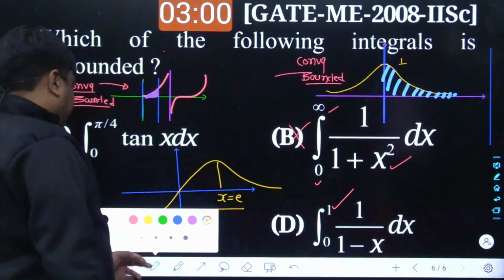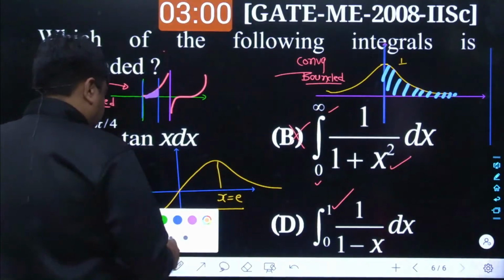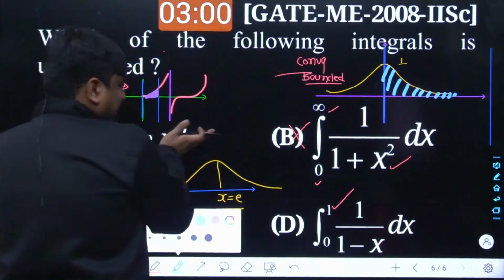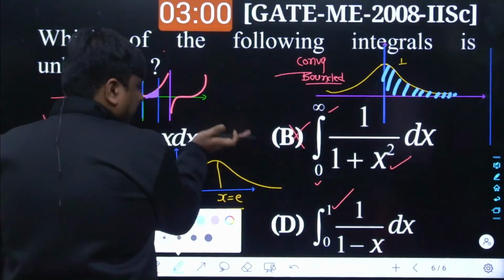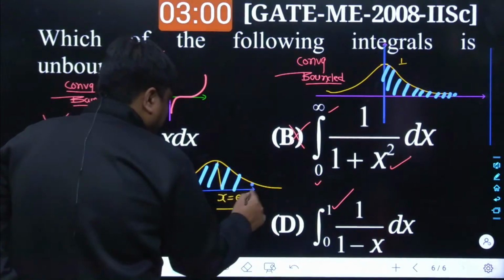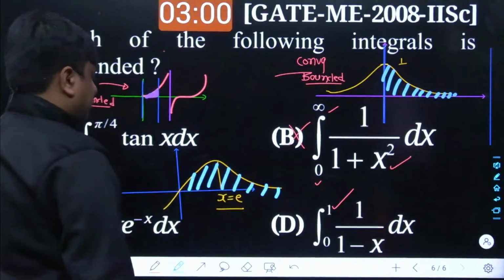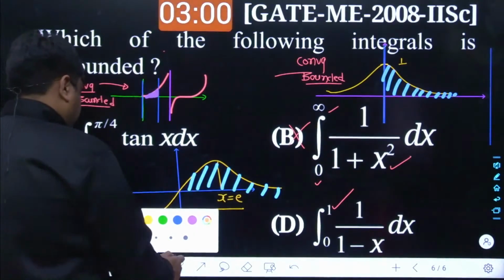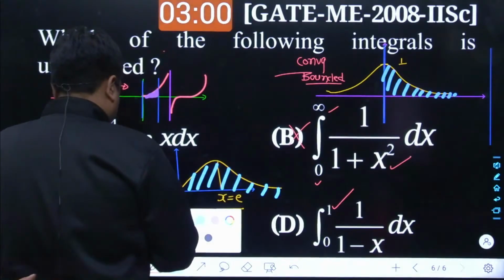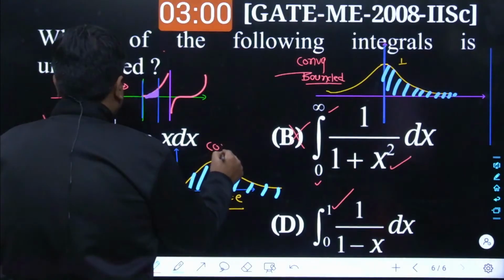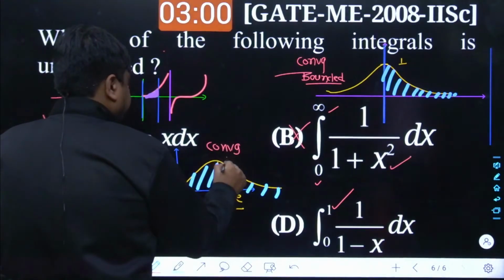I need to take the integration from 0 to infinity again. Although the function tries to increase, at a certain utmost value it decreases. So the result is again the same, and this is also converging or bounded.